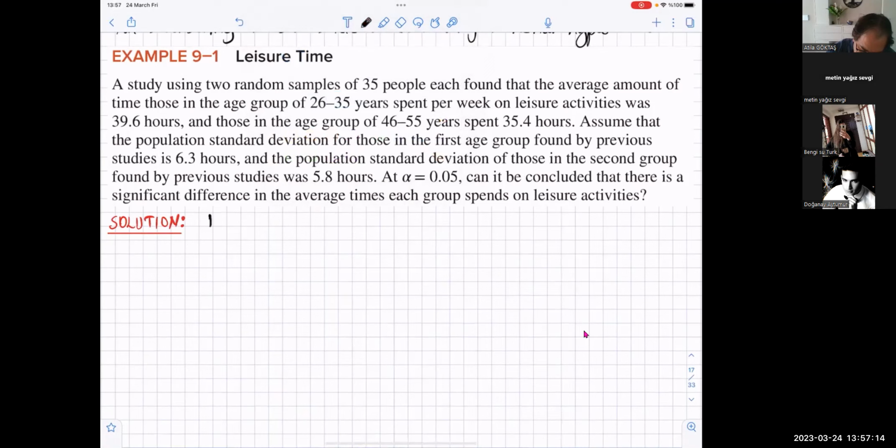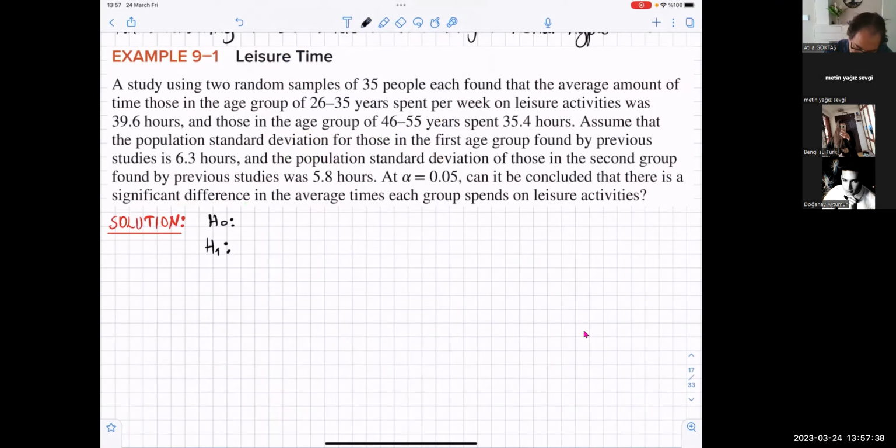Okay, the null hypothesis, the null and the alternative. Let me establish both hypotheses because we are trying to find out whether there is a difference. If you see that statement, whether there is a significant difference, you need to establish the hypothesis as double-sided.